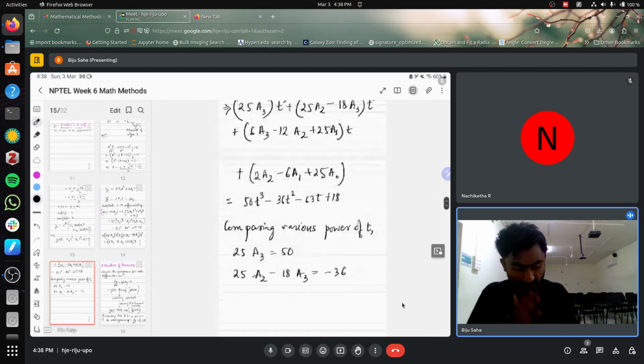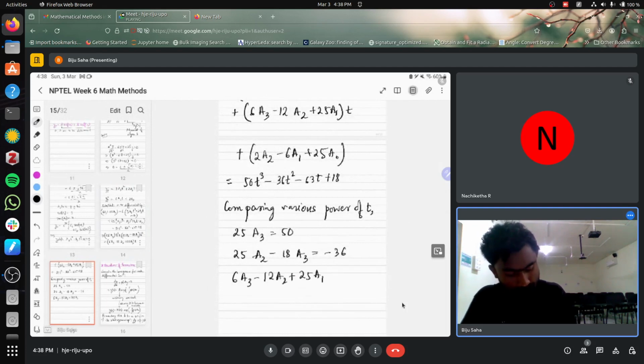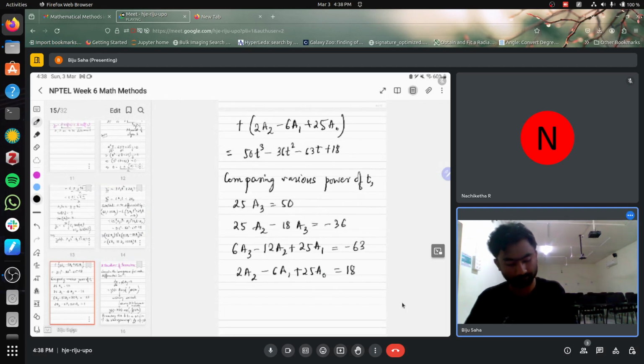Then comparing powers of t, and the last one is the constant. So you have mainly 4 equations and also 4 unknowns.